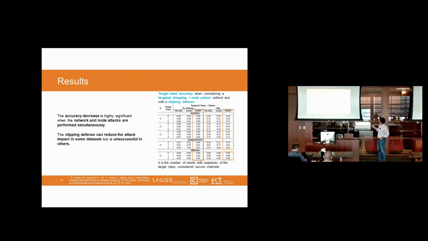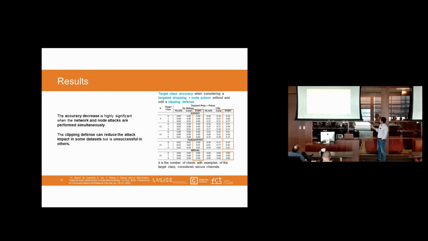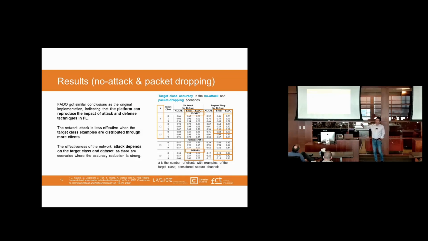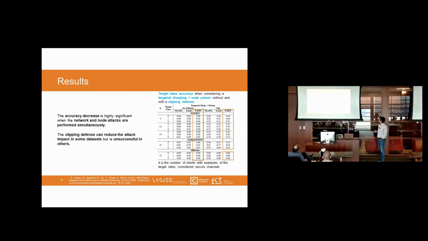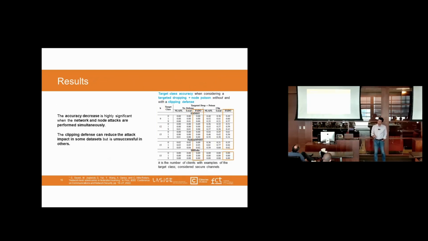So here I have targeted drop, so dropping packets, plus poison, meaning some of the nodes will poison the model. So send updates to the global model that are being poisoned, okay? And you have the case with no defense and the case where you have some defense, which is norm clipping.